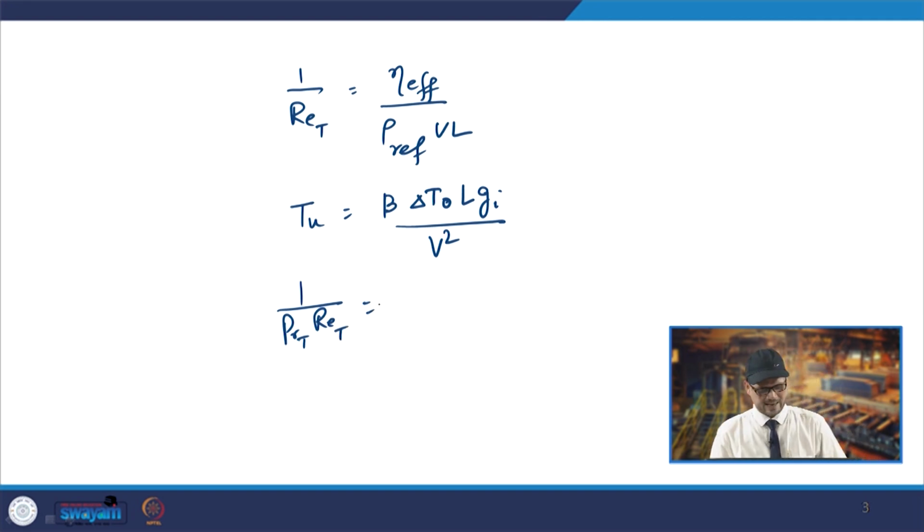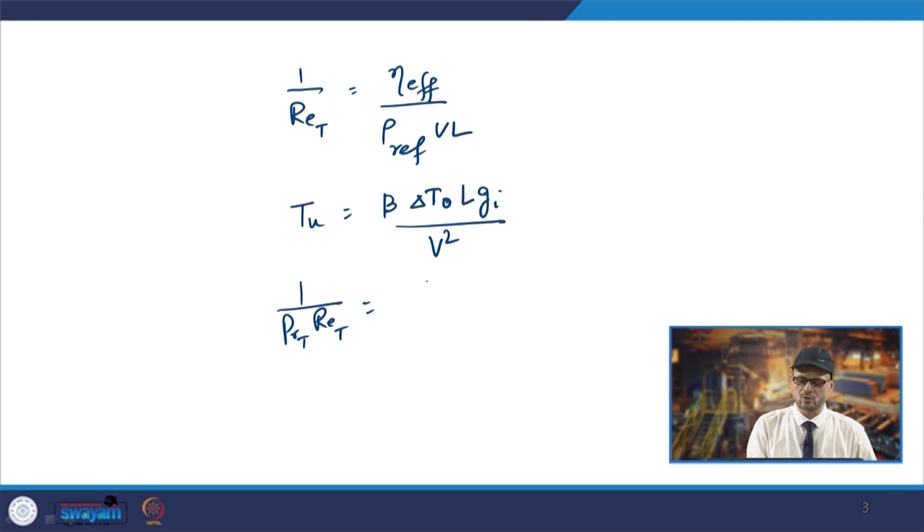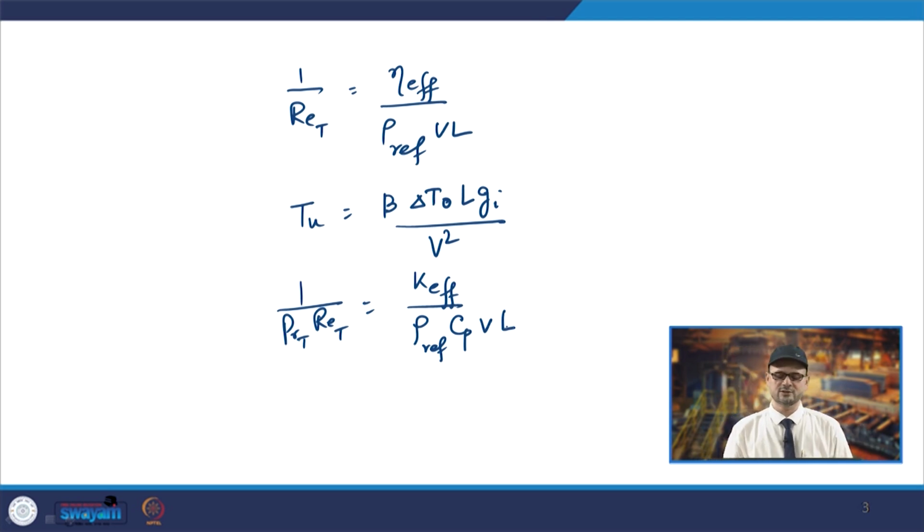This term is K effective upon rho reference, and you have Cp into V into L. So, what you see is Cp by K, so K and mu come like that, so that is your Prandtl number. This is the inverse of the product of these two numbers, that is the turbulent Prandtl number and the turbulent Reynolds number.